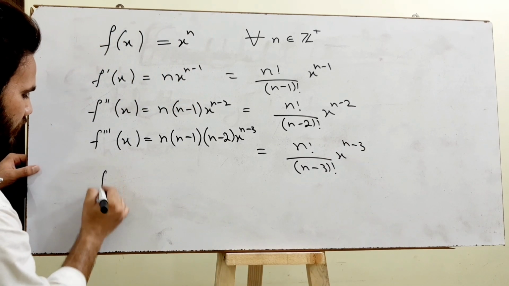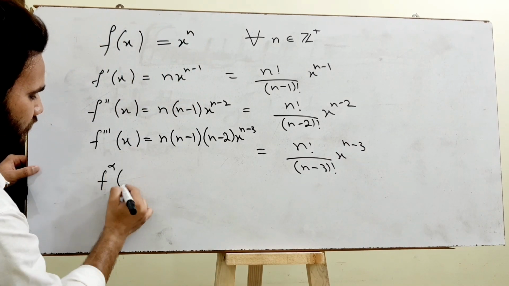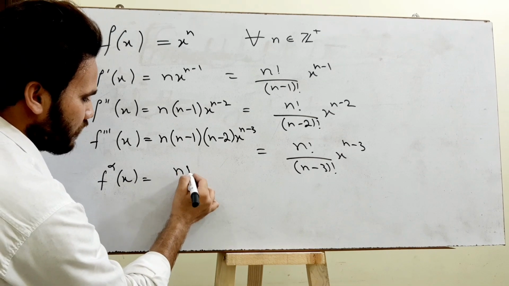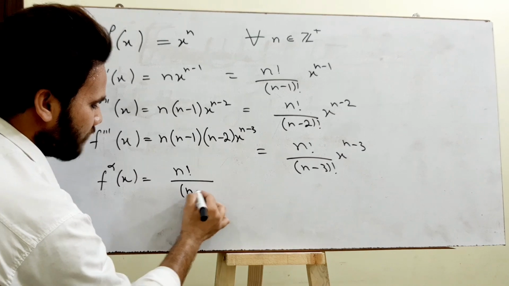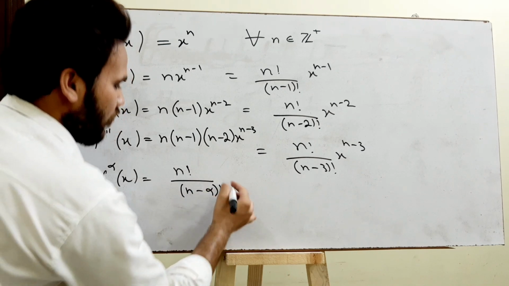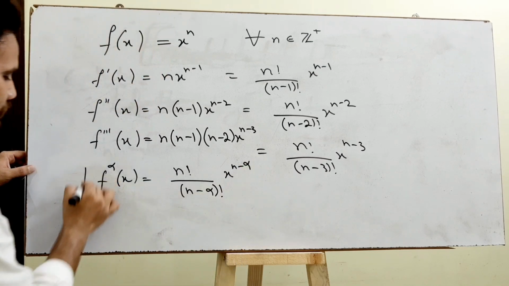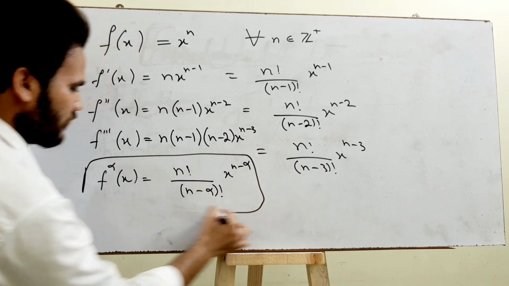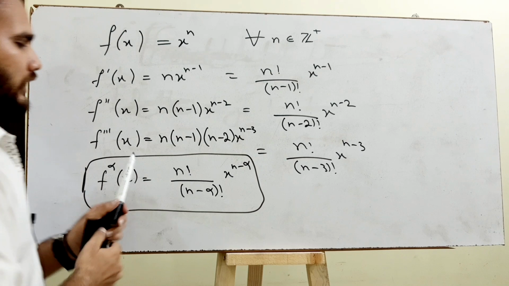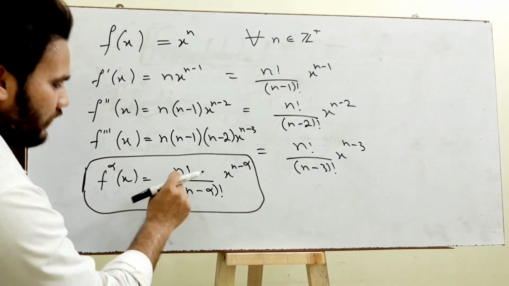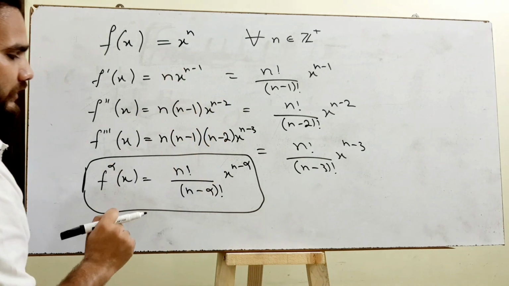So the alpha derivative of this function can be written as n factorial over (n-alpha) factorial times x^(n-alpha). This is the general derivative of this function. Here our n belongs to the positive integers.